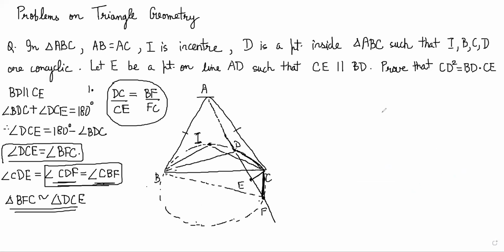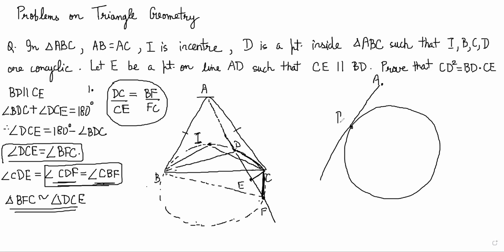So suppose I have a circle like this, and suppose there is a point A here, and this is the point B, and I have I somewhere here, and I have C somewhere here. If AB is a tangent, then this angle should be equal to the angle in the alternate segment, so I should have ABI equal to ICB, right?